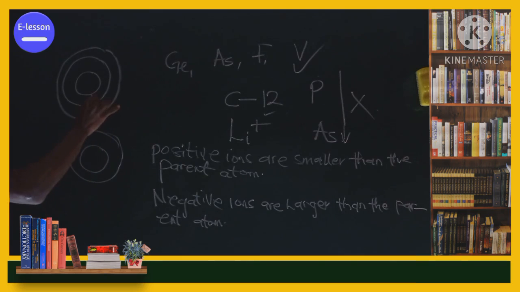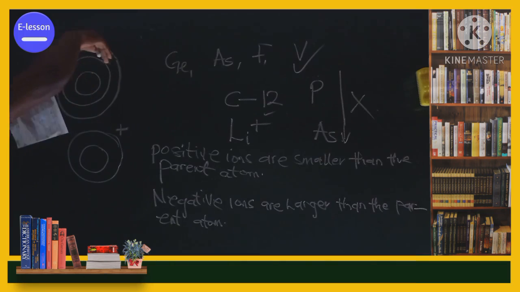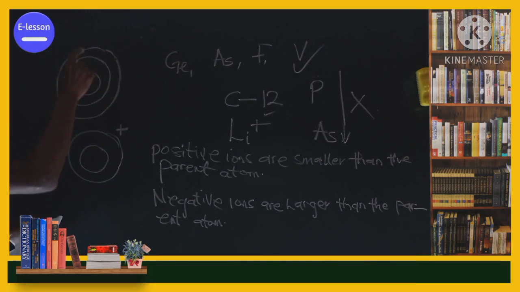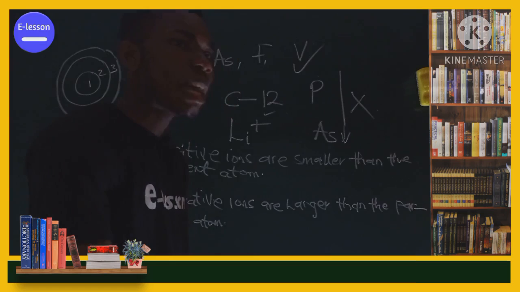So that makes positive ions to be smaller, because you've removed an electron, and the electron is going with a shell. This is the parent atom. It has how many shells? 1, 2, 3. But the ion is having just 1 or 2 shells, because one particular shell left when you gave out the electron. So they are smaller than their parent atom.